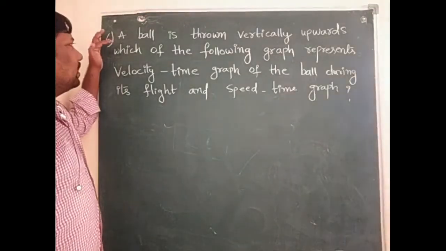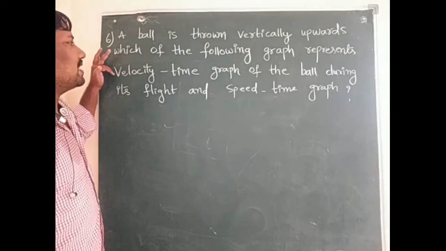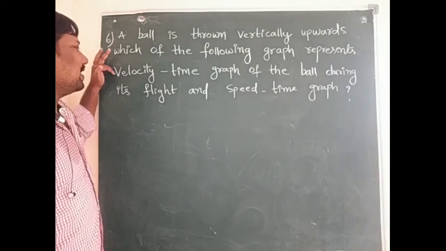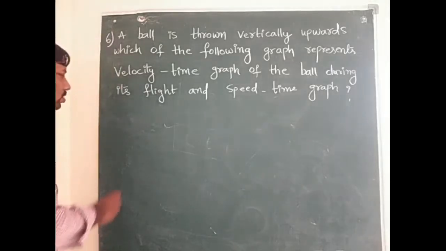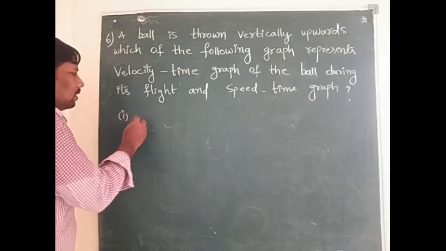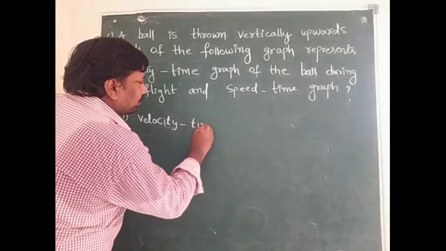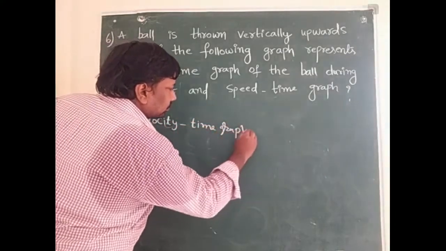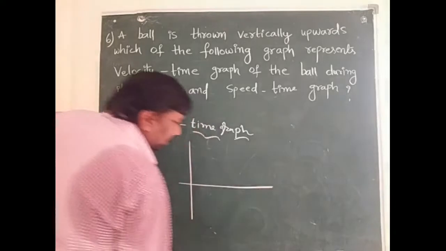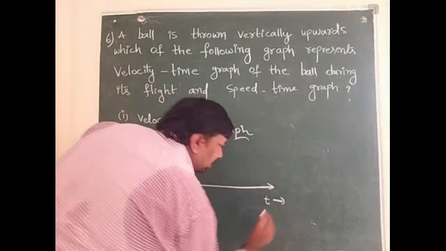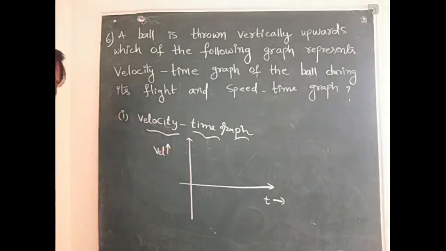Problem number 6. A ball is thrown vertically upwards. Which of the following graphs represents the velocity time graph of the ball during its flight and the speed time graph in the same situation? First, the velocity time graph. Time along x-axis, velocity along y-axis.